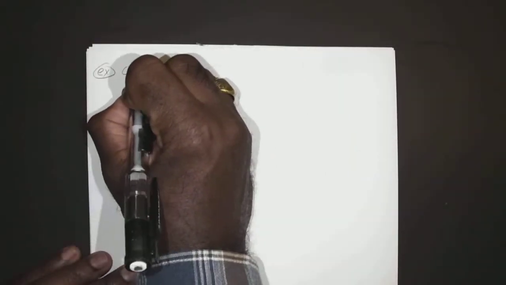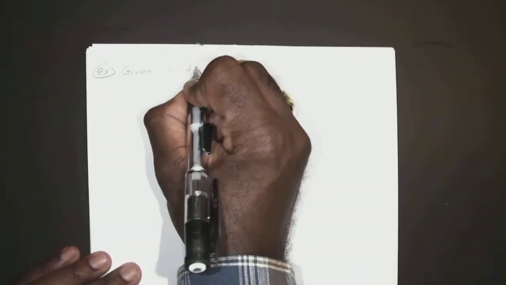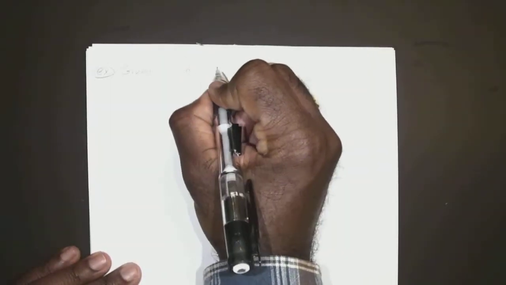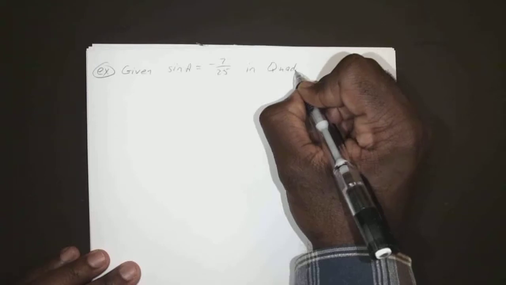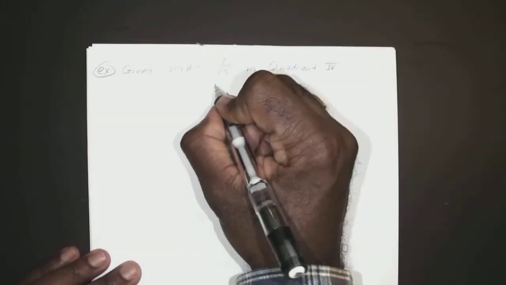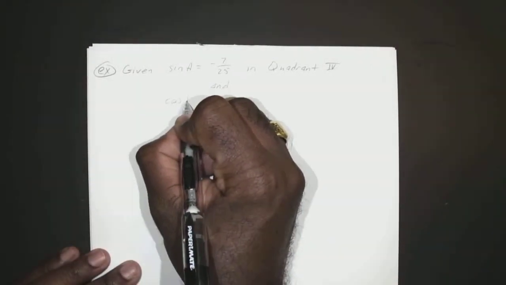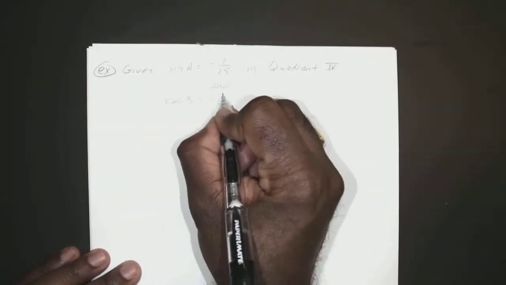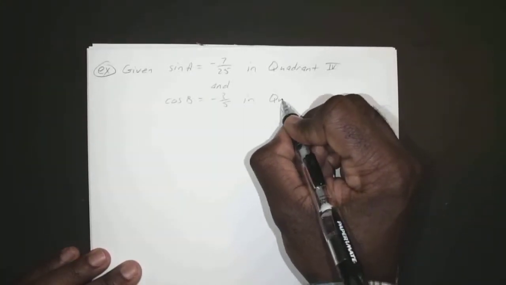Say, for example, if we're given that sine of A is equal to negative 7 over 25, and that's in quadrant 4, and we're also given that cosine of B is equal to negative 3 over 5, and that's in quadrant 3.